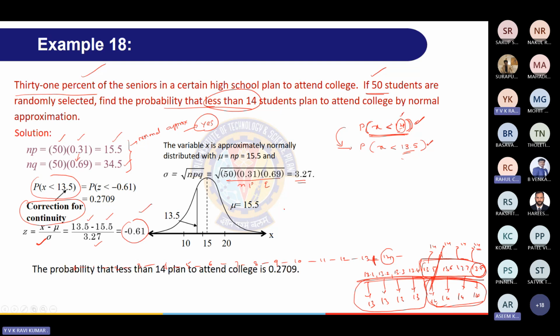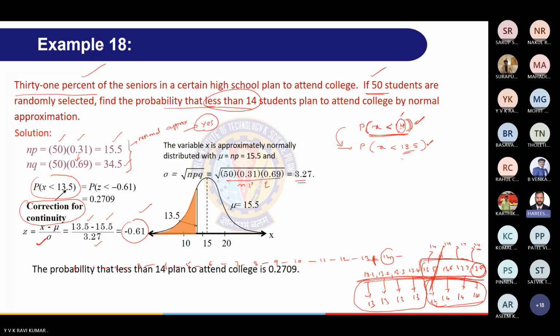Sir, if the problem statement was to find the probability that it is less than or equal to 14? Then we can tell the answer, it will be P(X less than 14) if the problem was phrased that way. Yes, clear. Sir, can we consider P(X less than 13)?